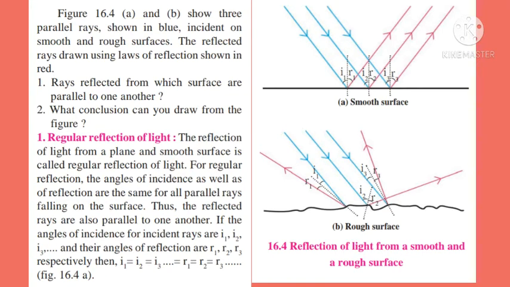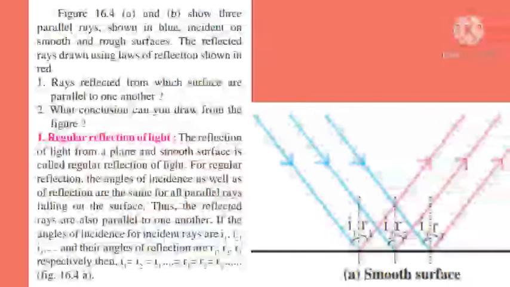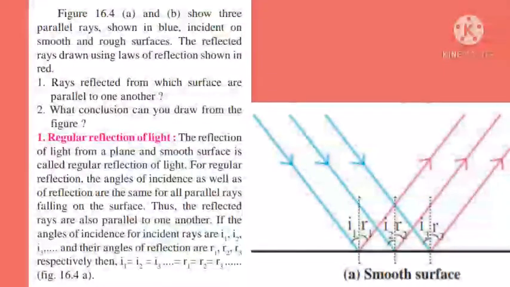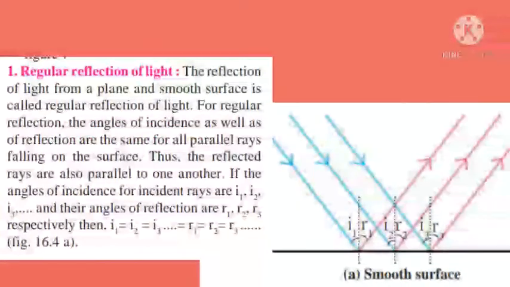For regular reflection, the angles of incidence as well as of reflection are the same for all parallel rays falling on the surface. Thus, the reflected rays are also parallel to one another.